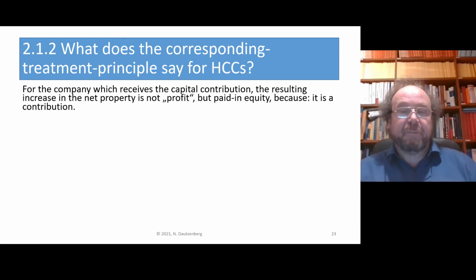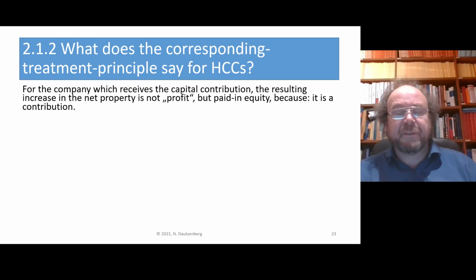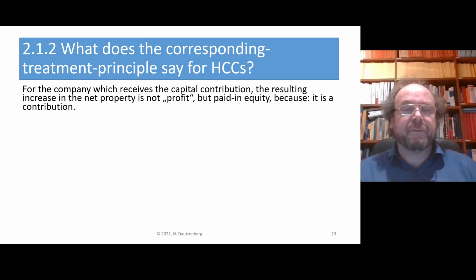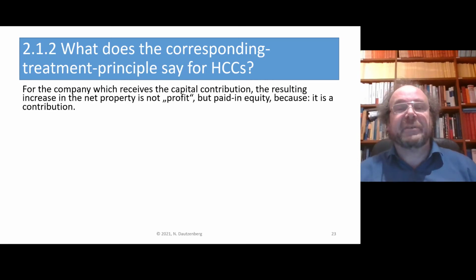And now the GmbH, after a while, could come to the idea, oh, what I received some years ago, that was not a profit, that was a contribution. A non-shareholder would never have agreed to contract conditions like these. They were far too favorable for us. It is a hidden contribution which we got. And then you would have, from the perspective of the fiscal authority, the maximum catastrophe.